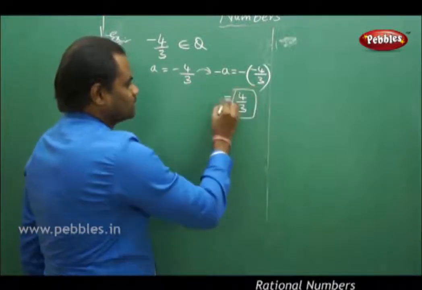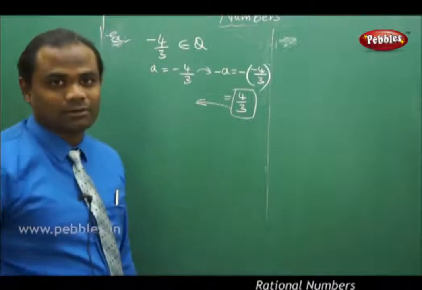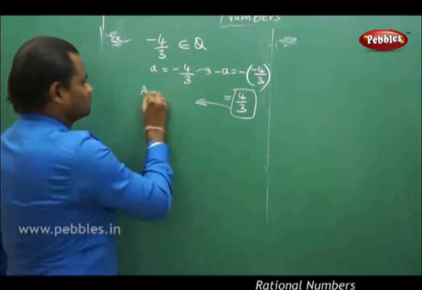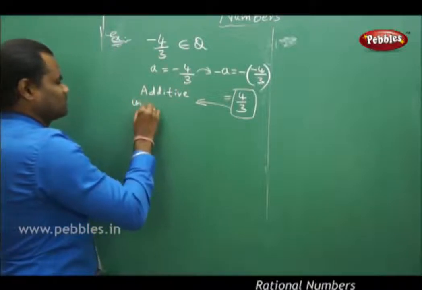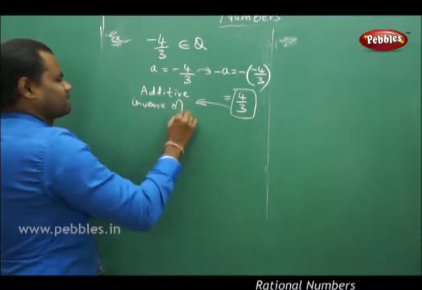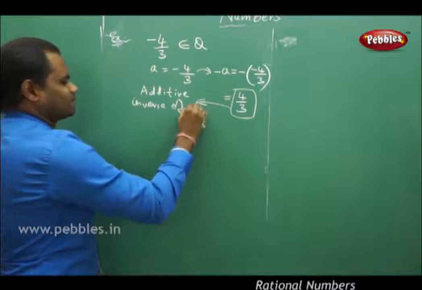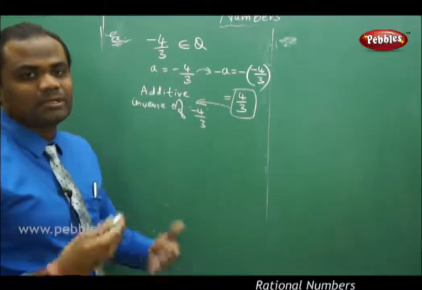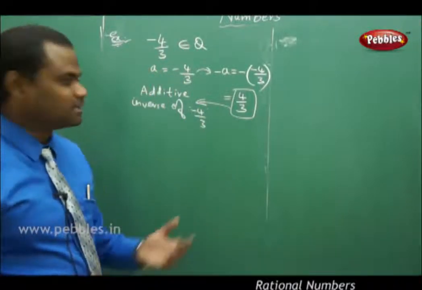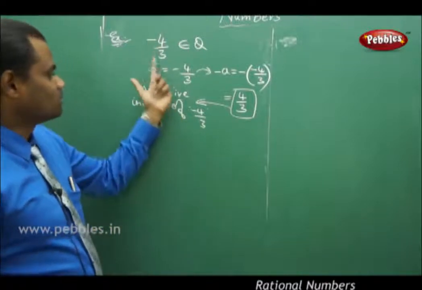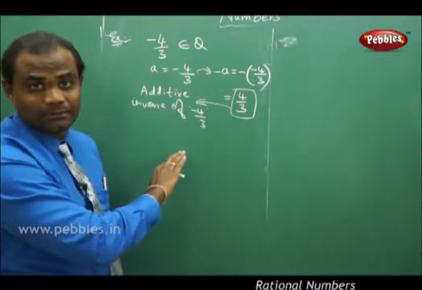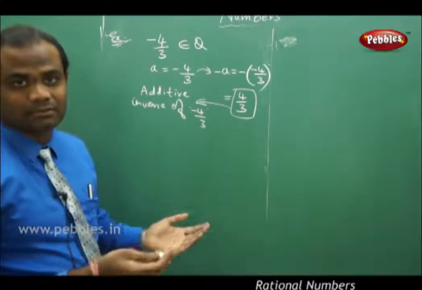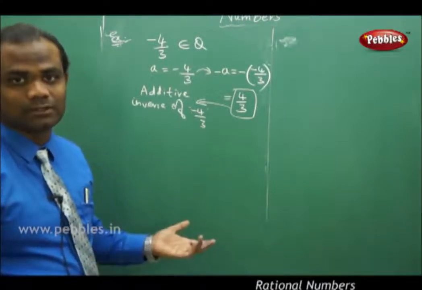So this will be the additive inverse of A. This is how I develop the additive inverses of numbers by just changing the sign. So minus 4 by 3 would be plus 4 by 3, and plus 4 by 3 would be minus 4 by 3. The reverse of these signs gives the additive inverses of each other.